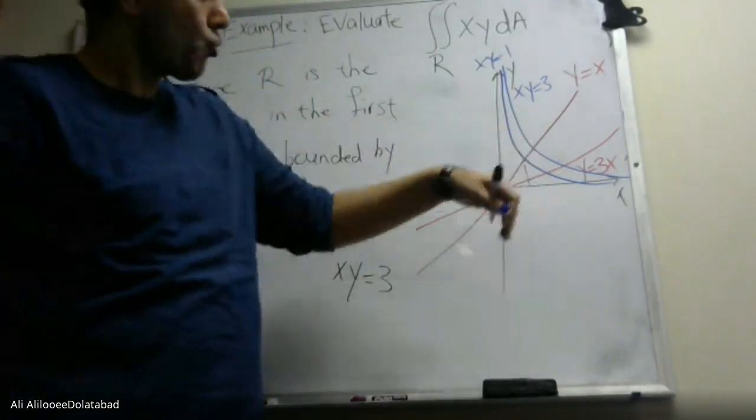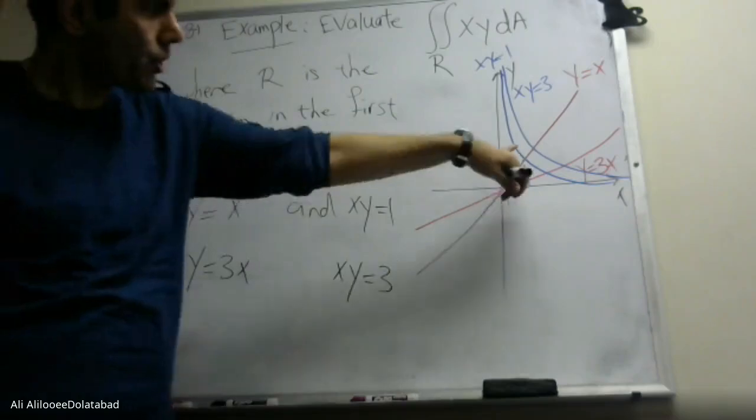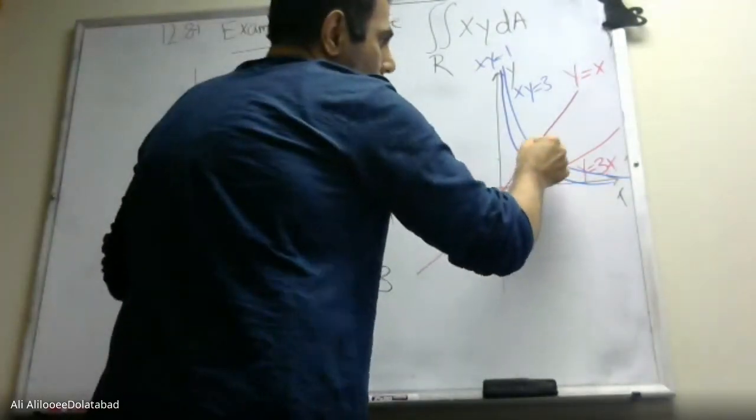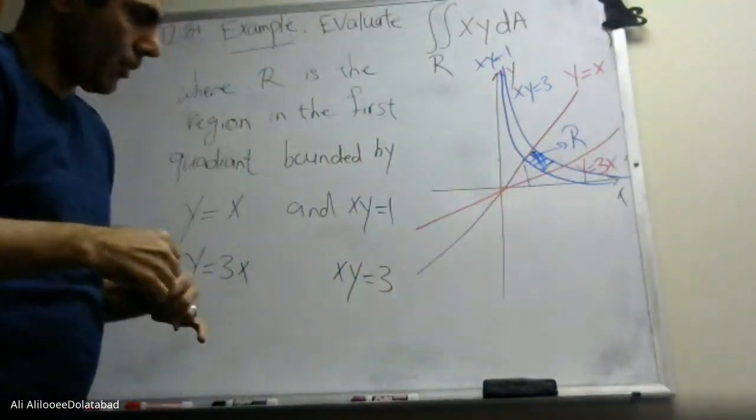You know that these 2 have 2 branches, but since we just consider the first quadrant, I graph them in the first quadrant. This region is denoted by R here.